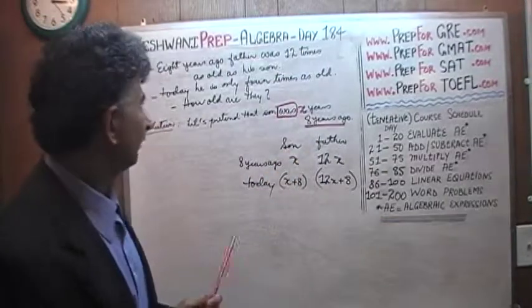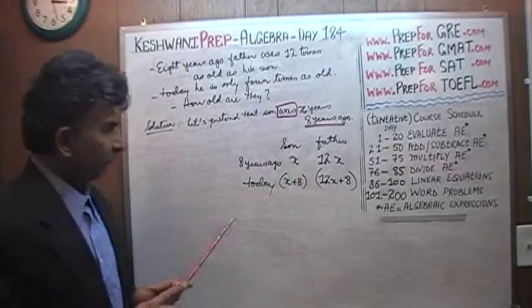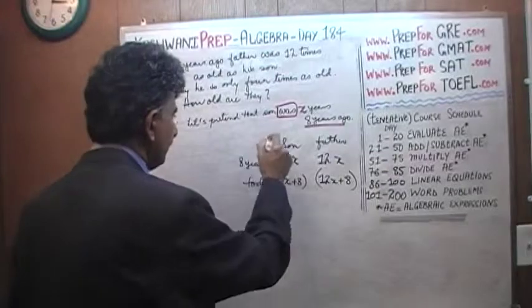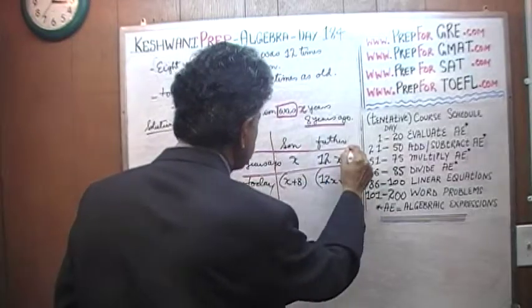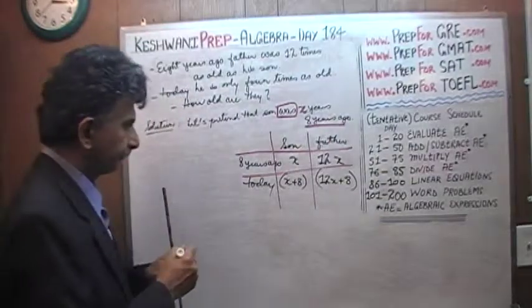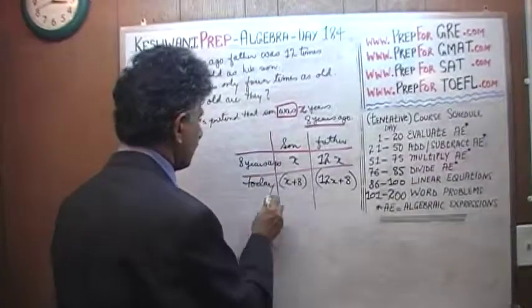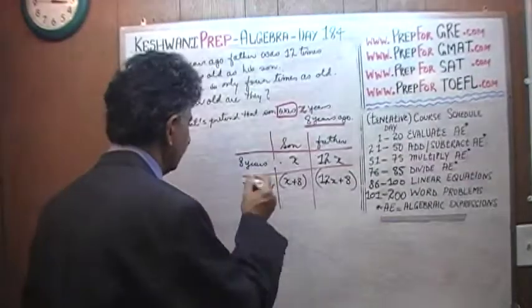If that's the case, then we are told that 8 years ago the father was 12 times as old. So if son was x years old, here's our chart. Eight years ago.